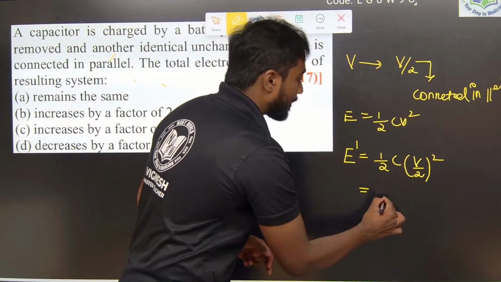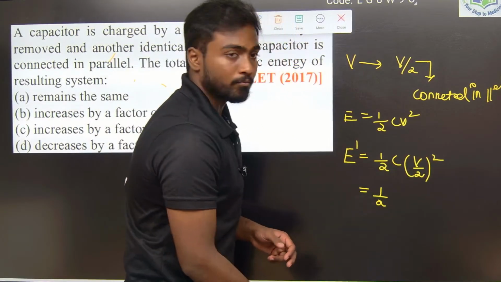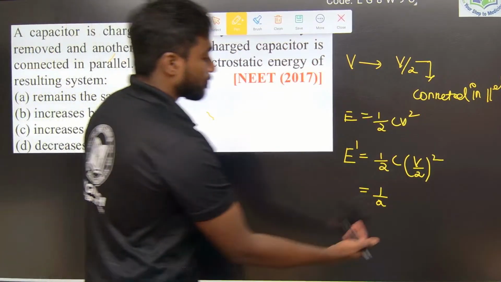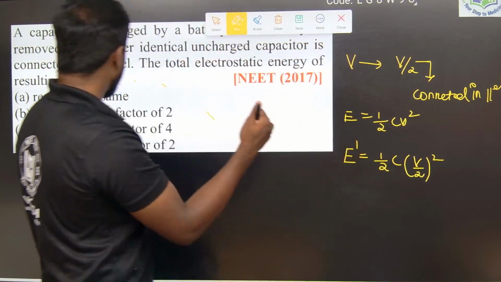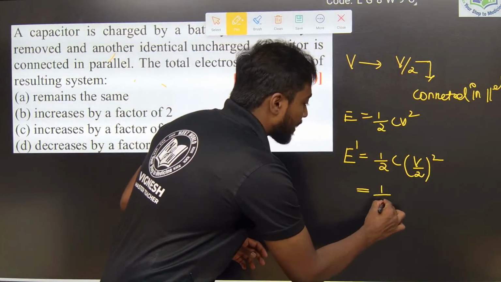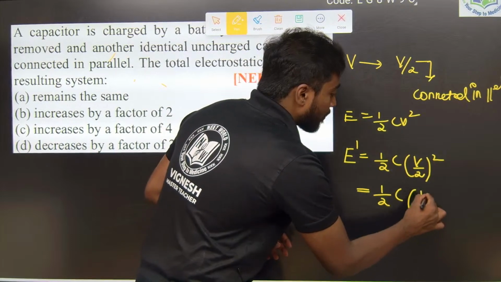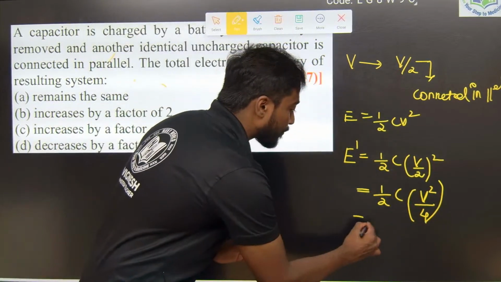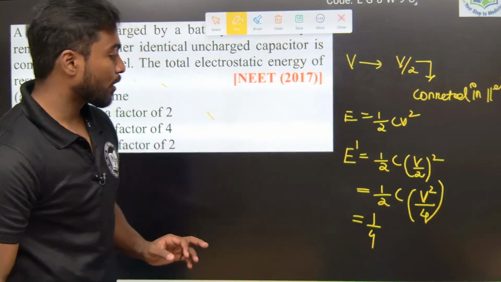So what will be the answer? 1 by 2 into C, V by 2 the whole square, so V square by 4. Take 1 by 4 commonly outside.